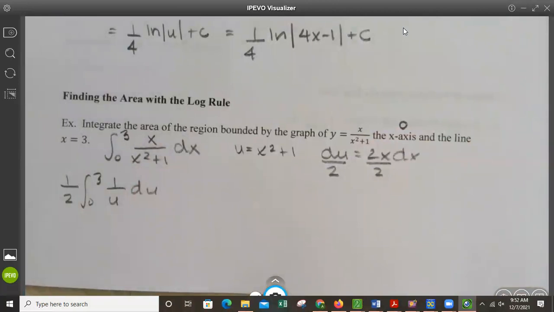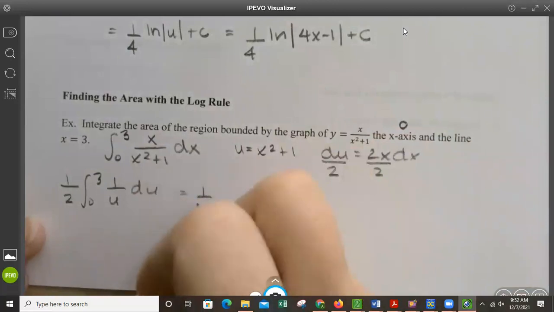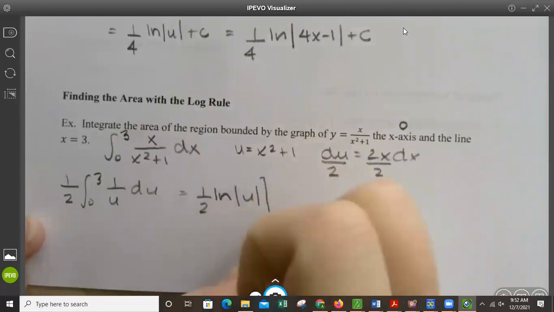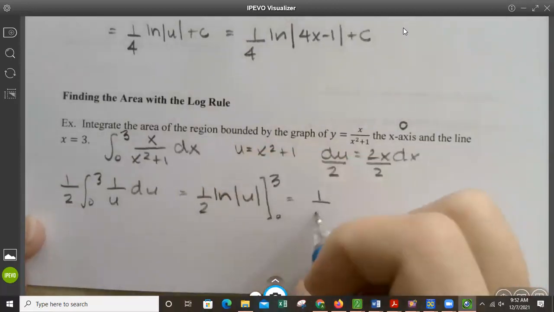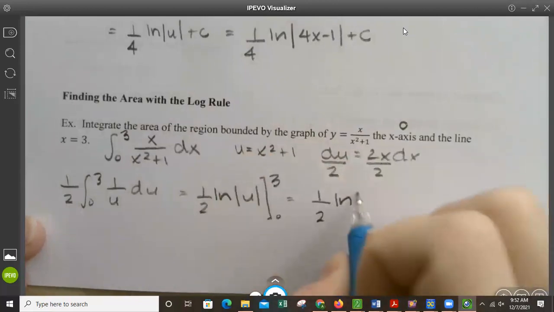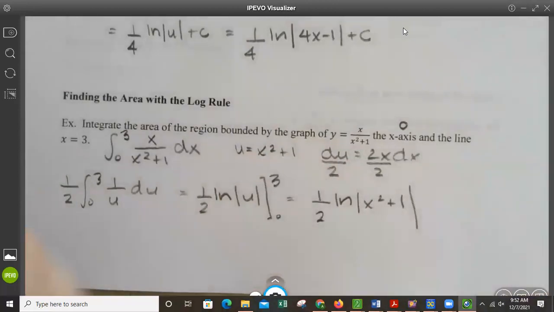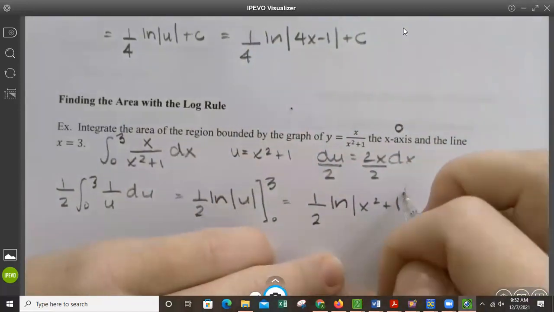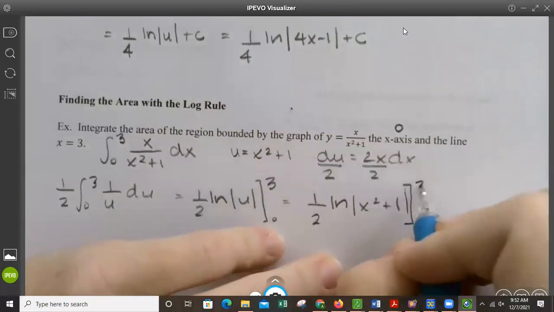What is the integration of 1 over u? Again, from 0 to 3. What is u? So the integration is going to be 1/2 ln absolute value of x squared plus 1 from 0 to 3.